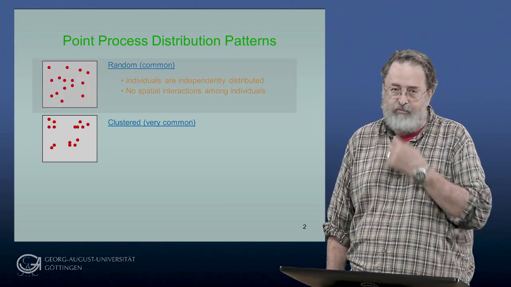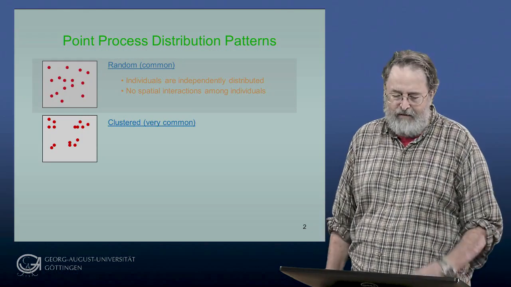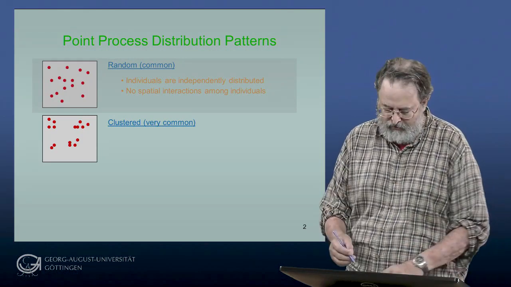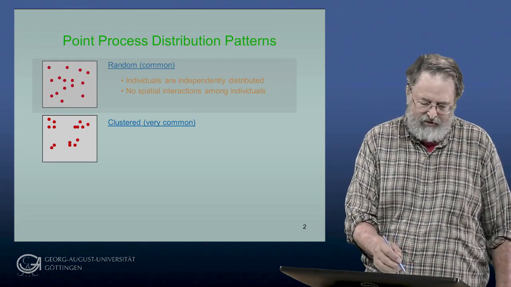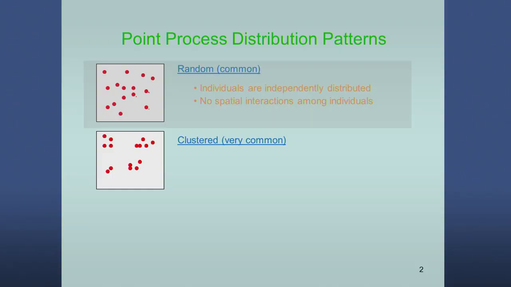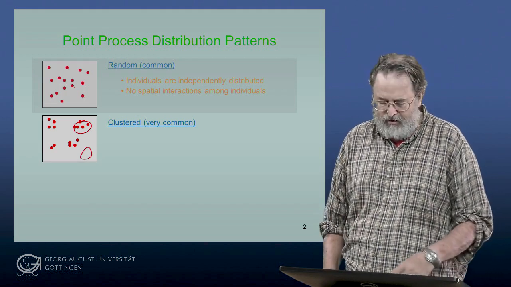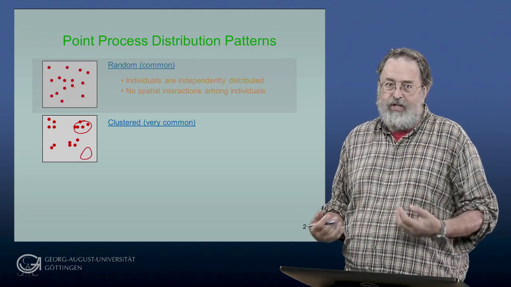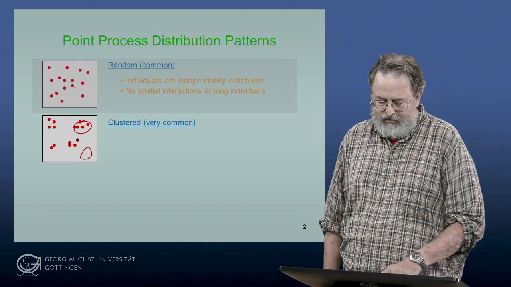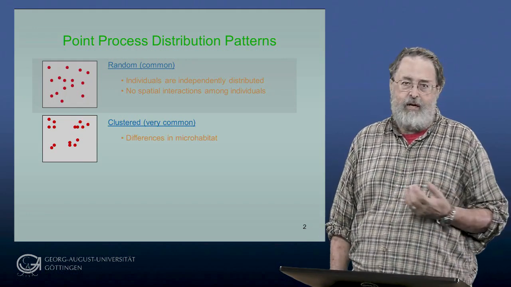The first one is perhaps the most common, and this is where we have a clustered process. So in a clustered process, they're not just distributed here, there, and everywhere, but we have areas where there are a lot of points, and then we have other areas where there aren't any. And so this clearly has a fairly strong spatial structure. The reason an ecologist is interested in this is that this can imply a couple of things.